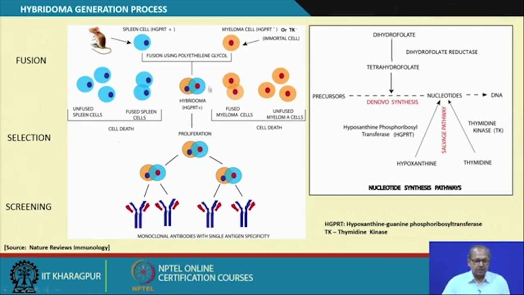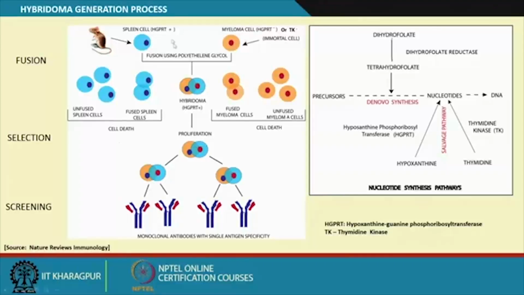This is our required cell, the hybridoma cells, along with fused spleen cells, unfused spleen cells, fused myeloma cells, and unfused myeloma cells. Our requirement is one fusion of a splenocyte, an activated B cell, with a myeloma cell, and the frequency of that fusion is around 1% of the total cells we have used.